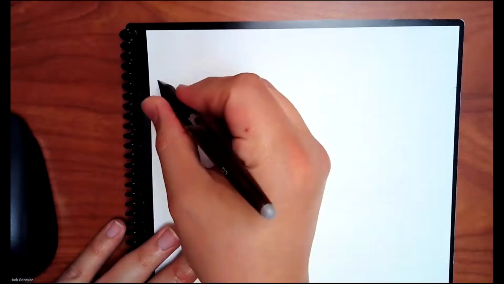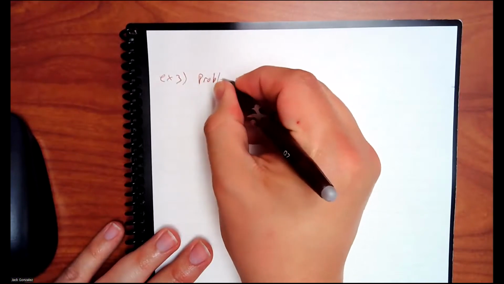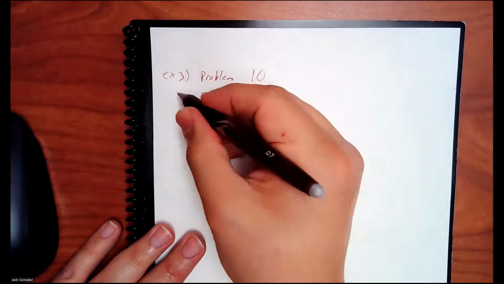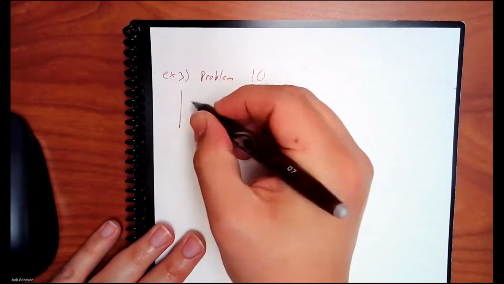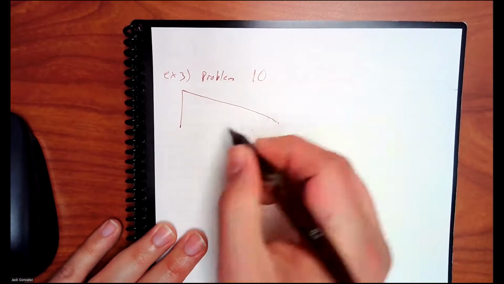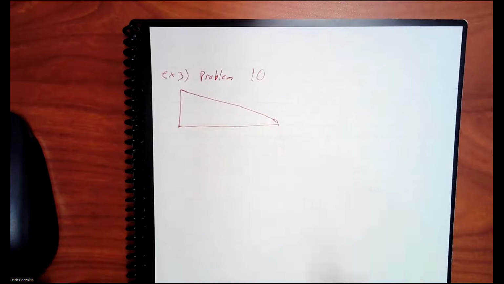This one's problem 10 from your homework. So the idea, they give you a triangle that is a right triangle, as I think it is.